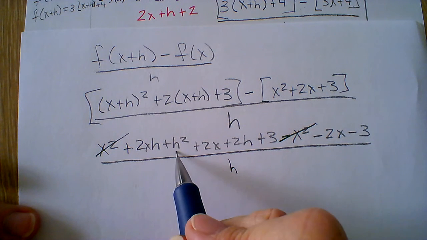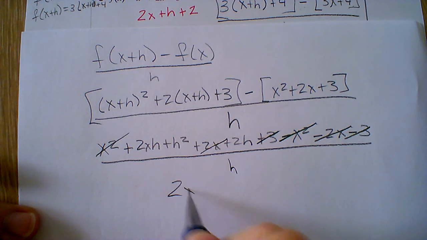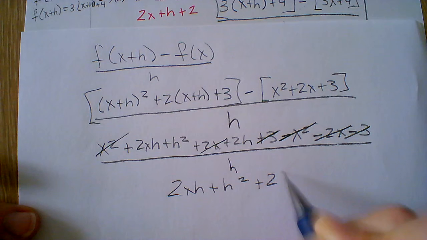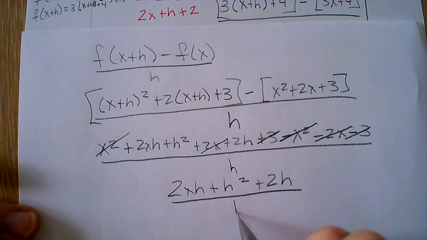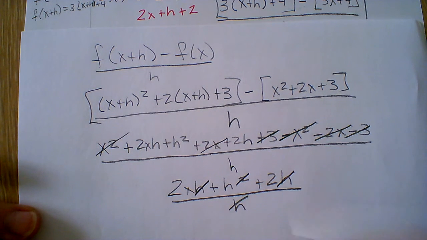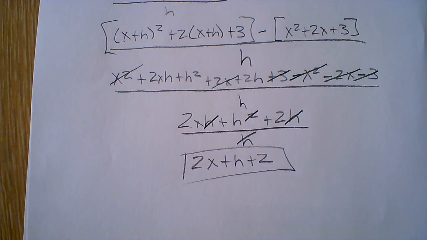The x squareds will cancel out, the 2x's cancel, and the 3's, thank you. All right, so we've got 2xh plus h squared plus 2h over h. Cancel one of the h's: 2x plus h plus 2.